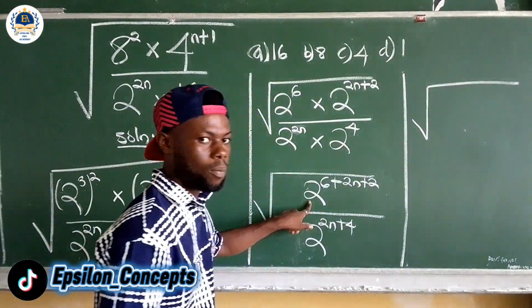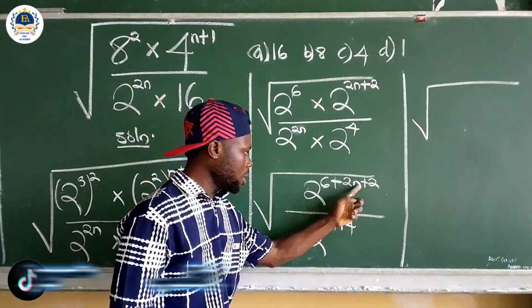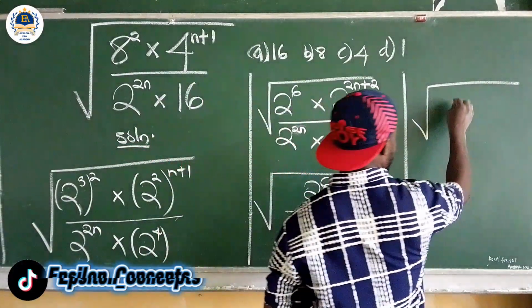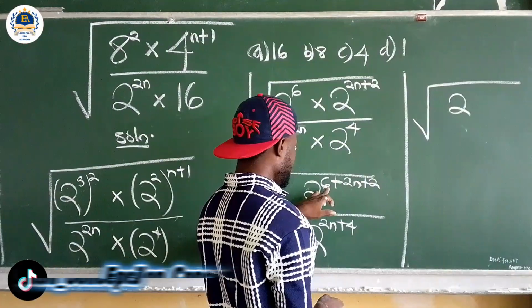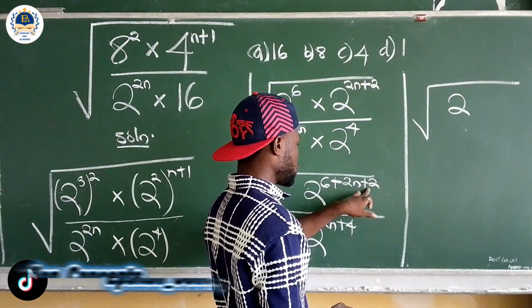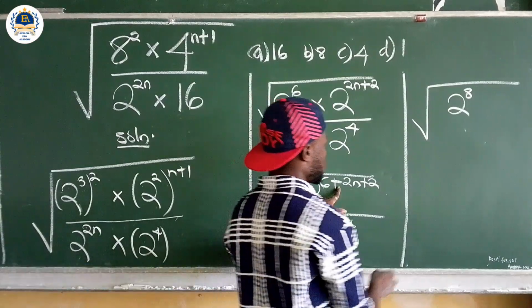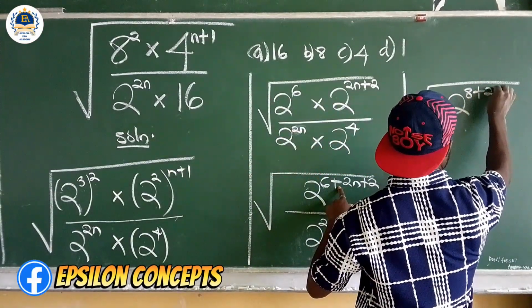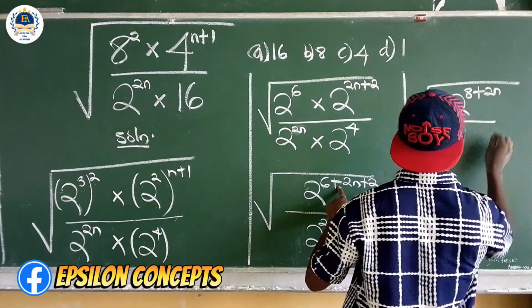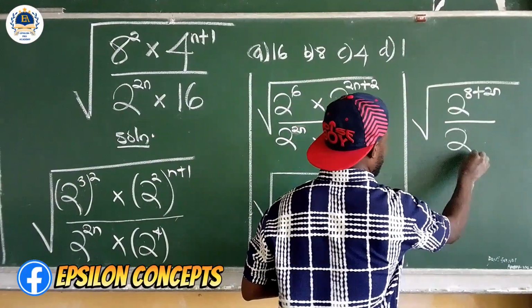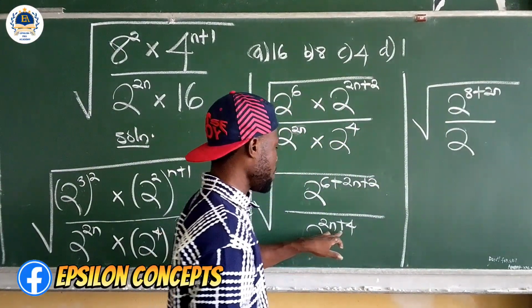From the numerator, let's collect like terms in this base. So that would be 2 raised to the power of 6 plus 2 is 8 plus 2n, all divided by base 2, 2n plus 4.